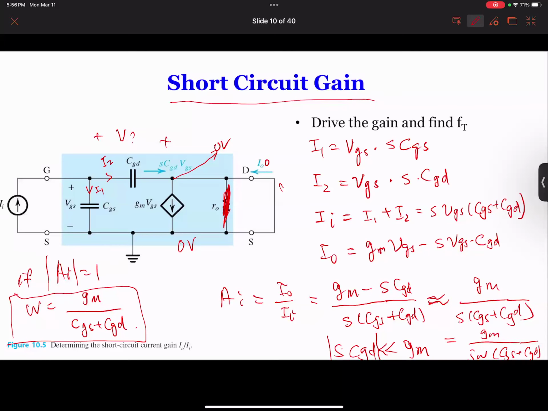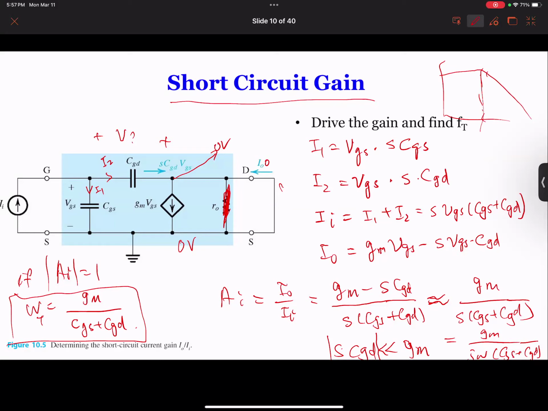This frequency we call omega t. For BJTs and MOSFETs, we're going to have this omega t. What this really means we're going to talk about on Wednesday.